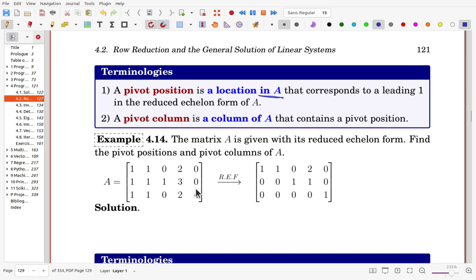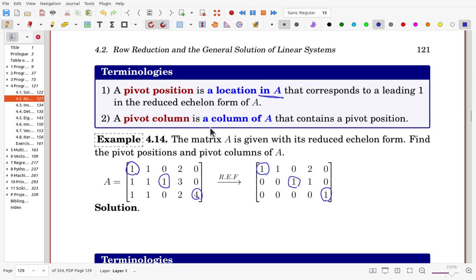For this given matrix, we have the reduced echelon form. Here, leading one, again leading one. So the corresponding position in A is called a pivot position. So here, this one and that one are pivot positions.